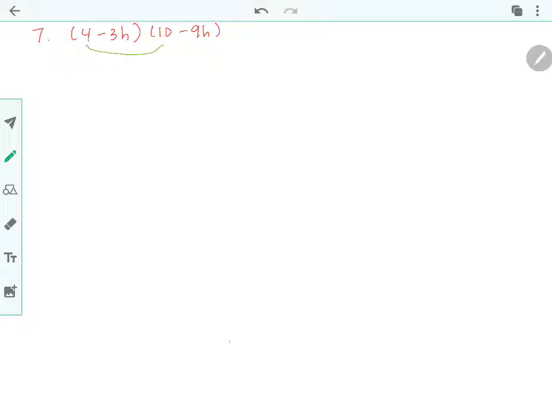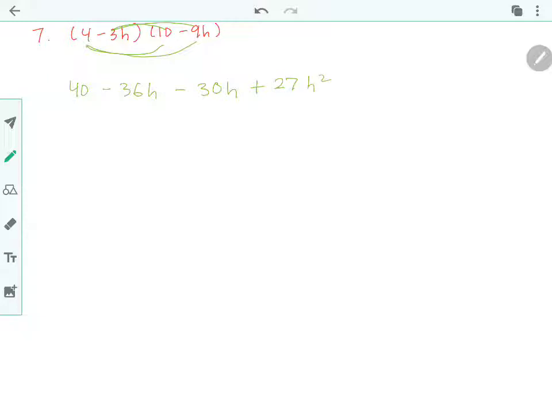So 4 times 10 is 40. 4 times negative 9 eighths is negative 36 eighths. Then negative 3 eighths times 10 is negative 30 eighths, and negative 3 times negative 9, negative times negative, is positive, so positive 27 over 64.